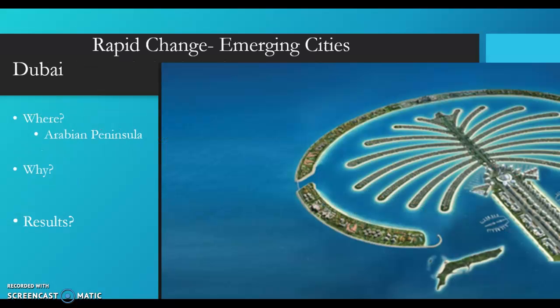Our second example is one we looked at previously this term. The UAE has grown very fast because of natural gas and oil resources. The result of this is a tremendous amount of investment in rapid growth in population and wealth. The Palm Jumeirah, which you see on your screen, is an artificial network of barrier islands.